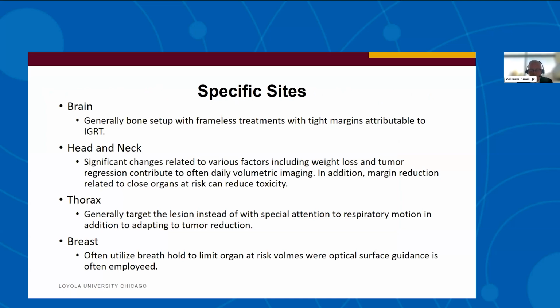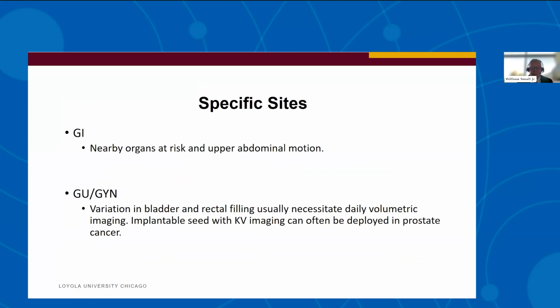Most head and neck radiation oncologists do daily volumetric imaging, in addition to margin reduction related to close organs at risk, which can reduce toxicity. Thorax is its own interesting target because the lesions move, and we need to adapt to the tumor reduction and the movement with breathing. The breast treatments often employ things like breath hold to limit the volume, but again, all this is dependent on image-guided radiation.